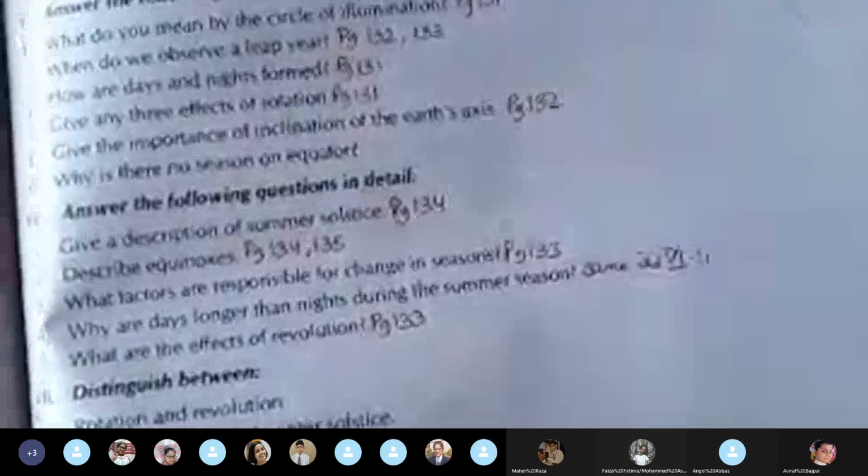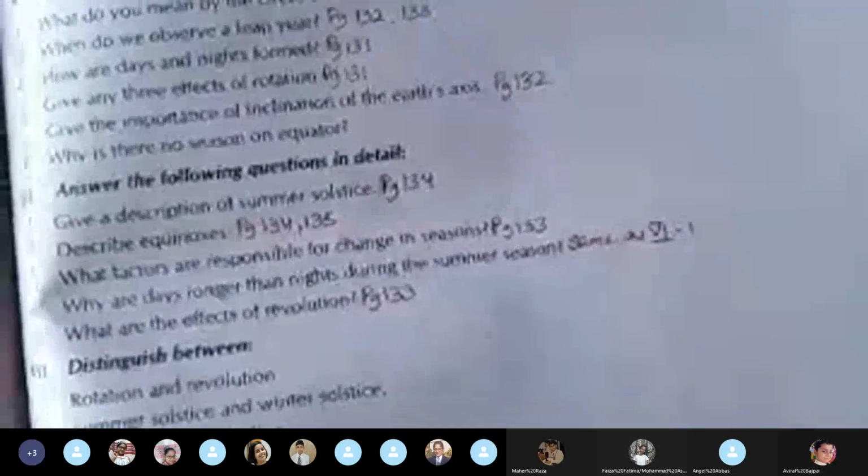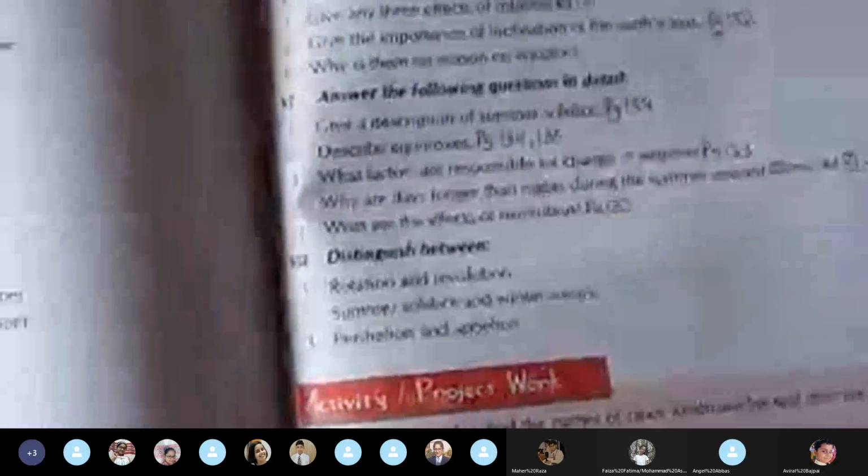Coming to 6.3, what factors are responsible for changes in season? Page 133. The seasons. Seasons are the divisions of the year according to regular or constant changes in the weather.